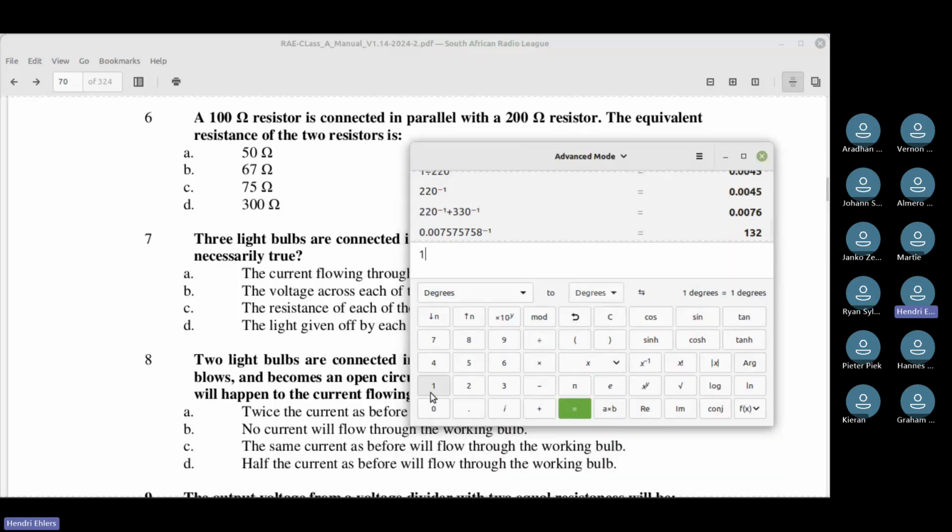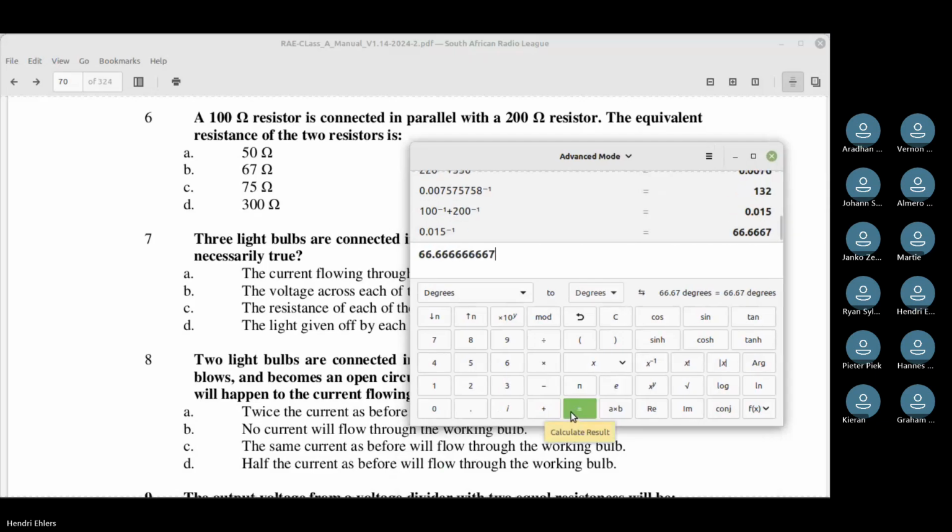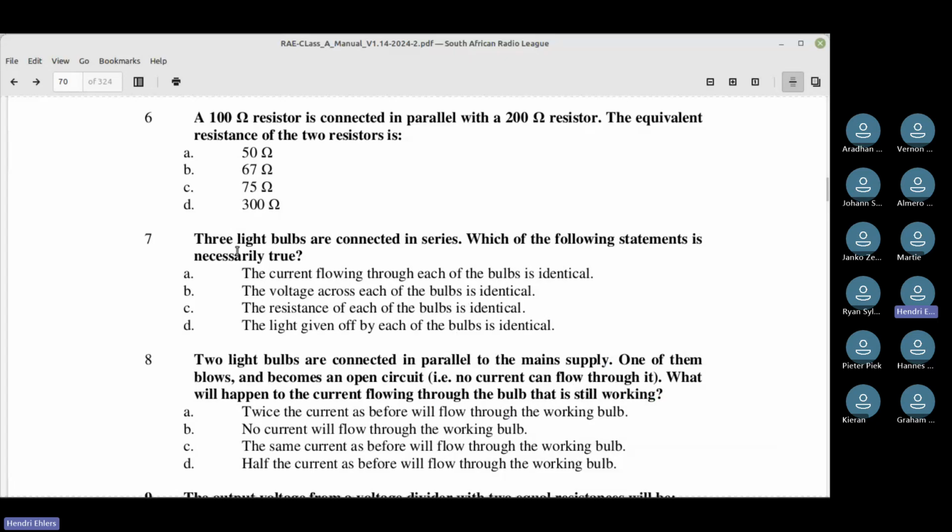Right, 100 ohms, and that plus 200, that equals, and we do that to that, and we got 66 point, okay, 66, so it's B. Okay, thank you very much. Works like a charm. Throw the calculator away.